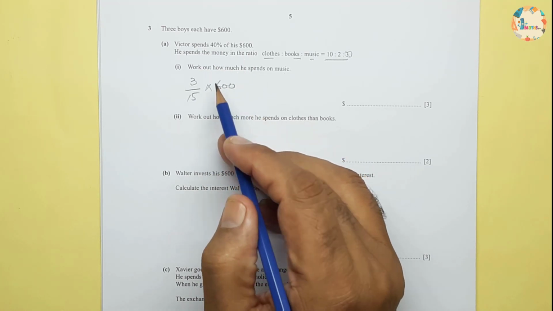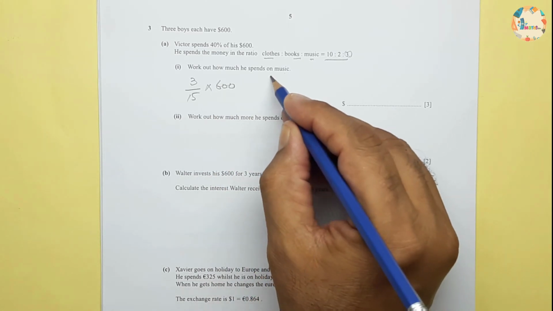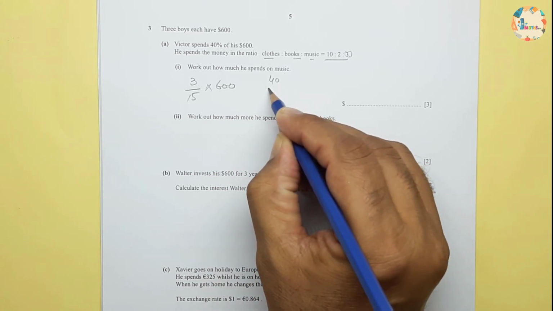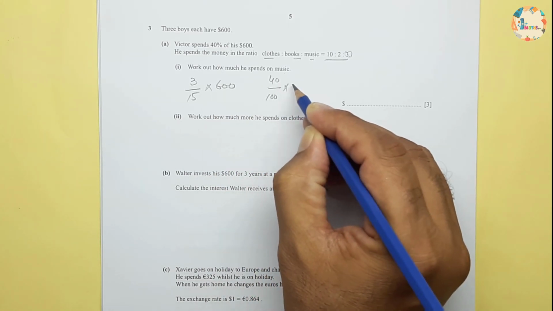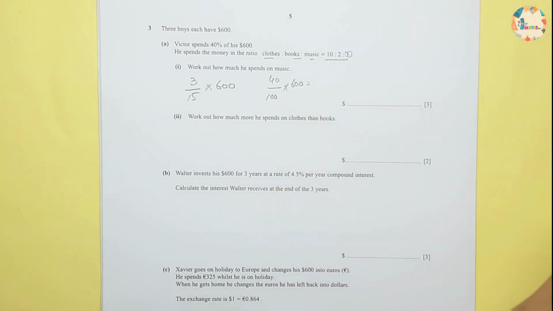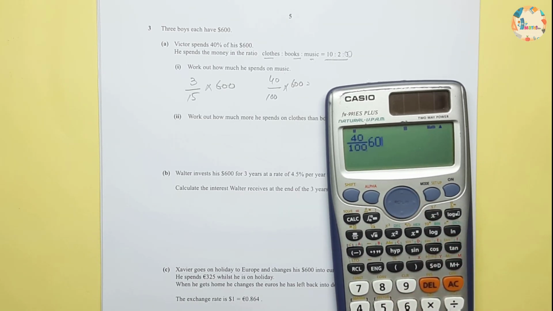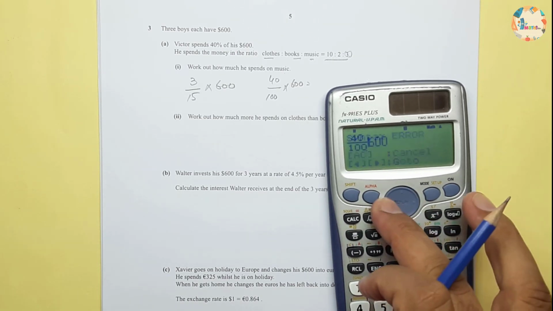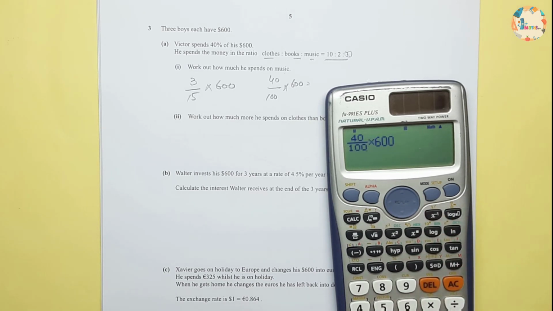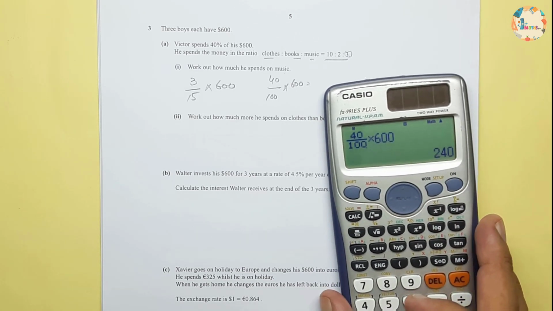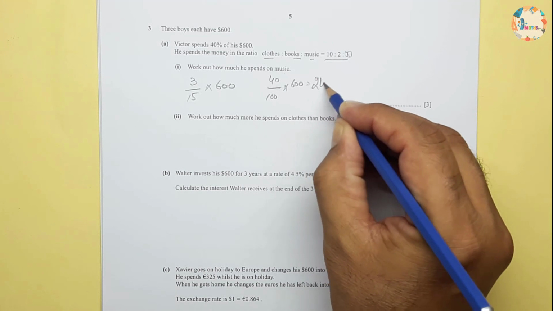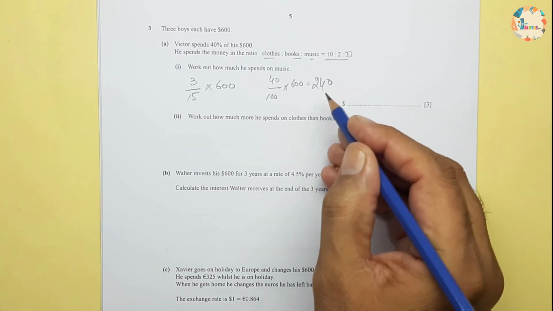So first we'll have to calculate 40% of 600. 40% of 600 will be equal to what? Basically we forgot to add. Okay, so this one 240. He is spending $240.